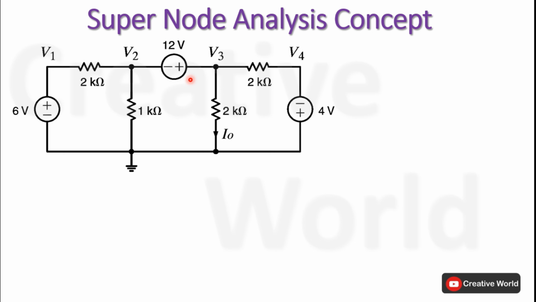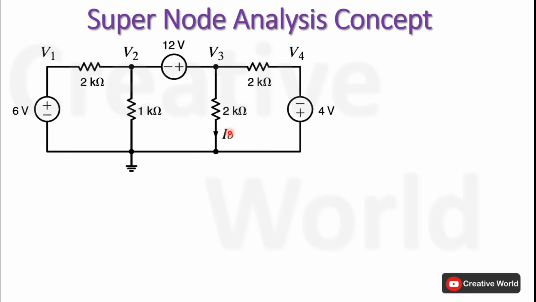And in order to apply it, we have to merge that voltage source to any one of its adjacent node voltages. Whenever we merge a voltage source to any adjacent node voltage, that node will act as a supernode. Now we will learn how the voltage source is merged to its corresponding node voltage.